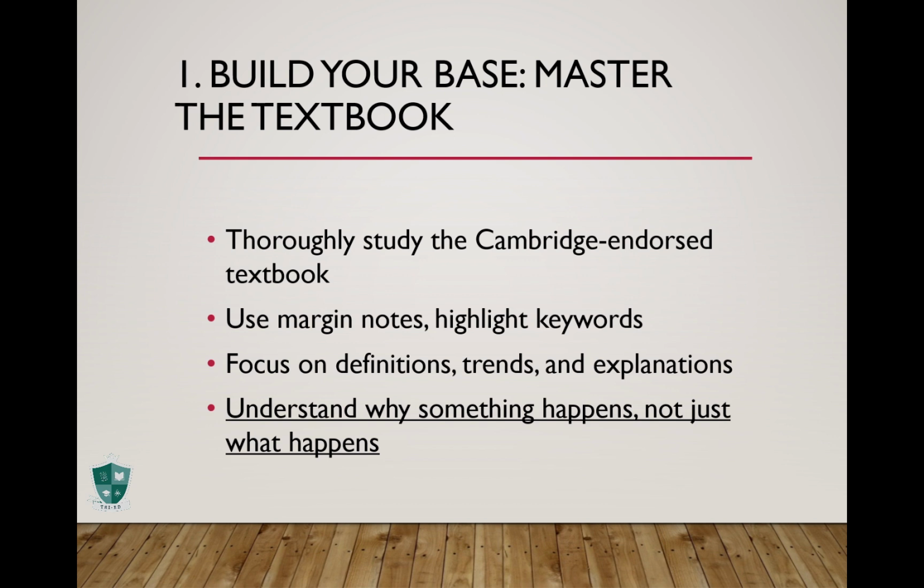The very important thing that I believe increases your score substantially is understanding why something happens, not just what happens. What I mean by that is you need to learn the concept. You need to understand the concept and not just memorize it.